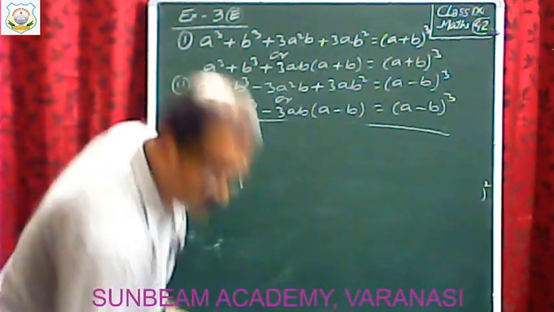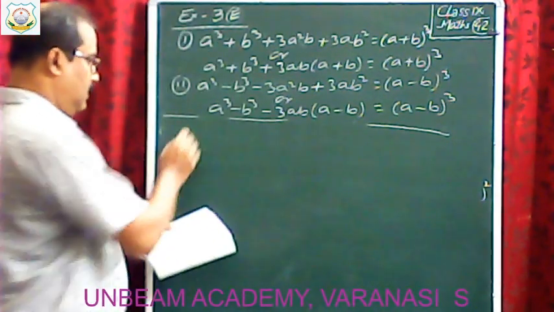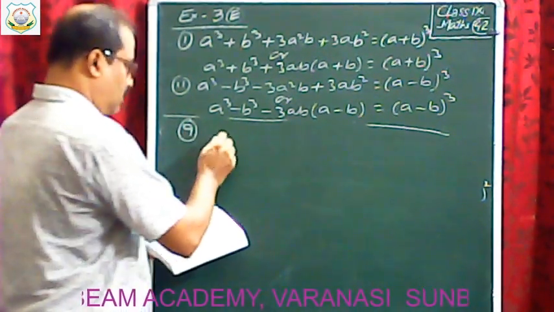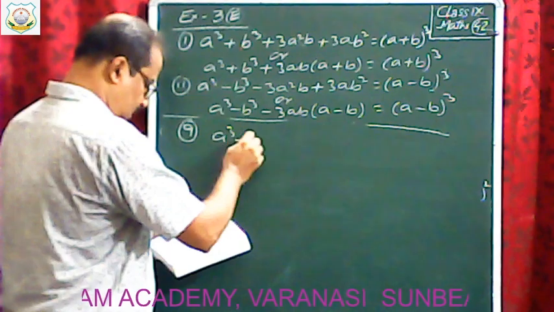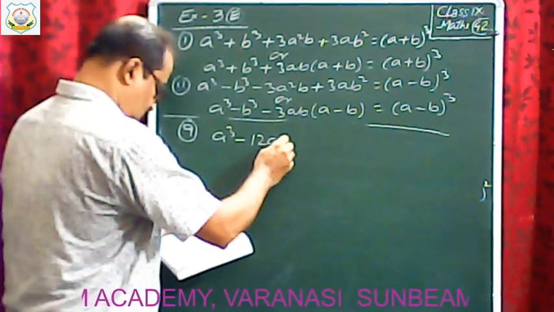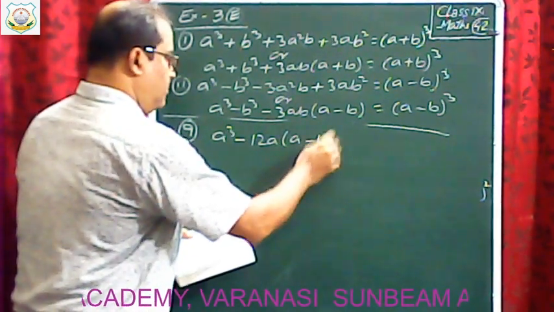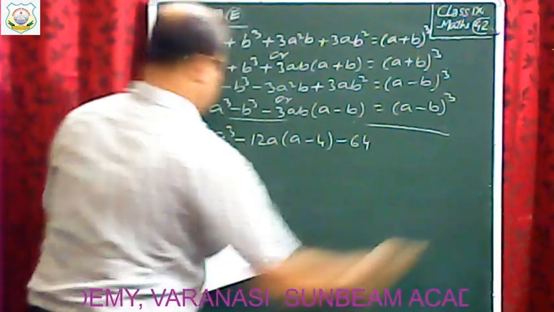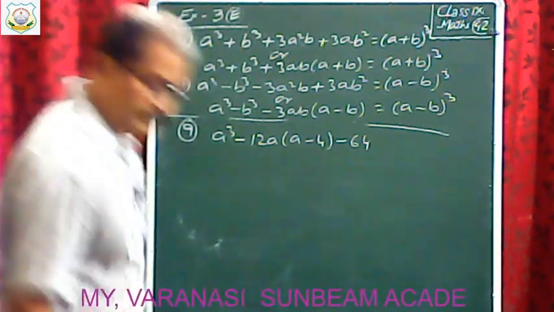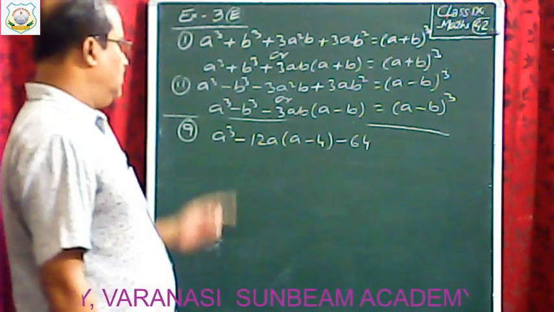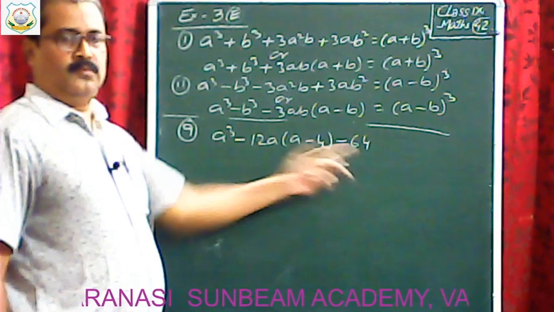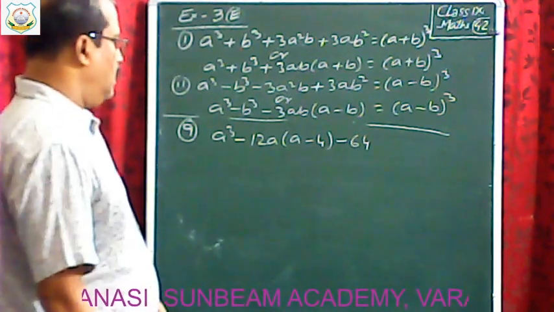One more given, question number 9, let's see. a cube minus 12a minus 4 whole cube... that is, a cube minus 12a minus 4 minus 64. Okay, we have a cube, 64 is 4 cube, 2 perfect cube terms.